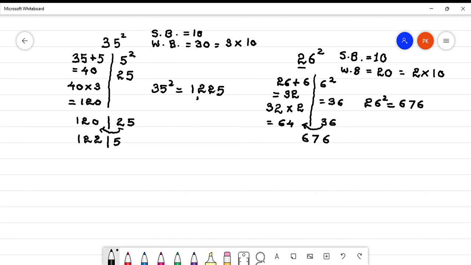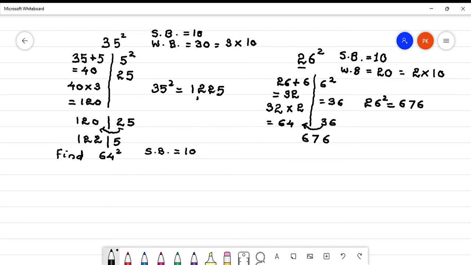Okay, let us try some more problems here. Okay, so let us find the square of 64. 64 the whole square. Okay, tell me, for 64 square, what will be the standard base? Standard base is 10 here, 2-digit number.